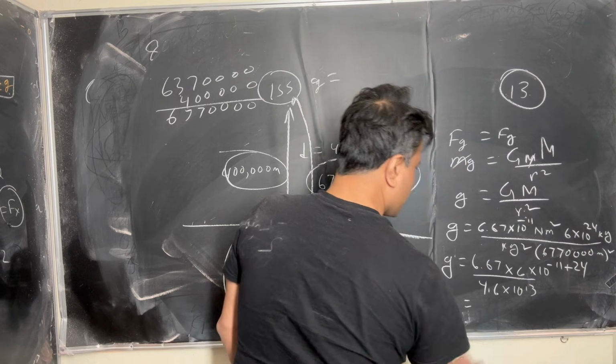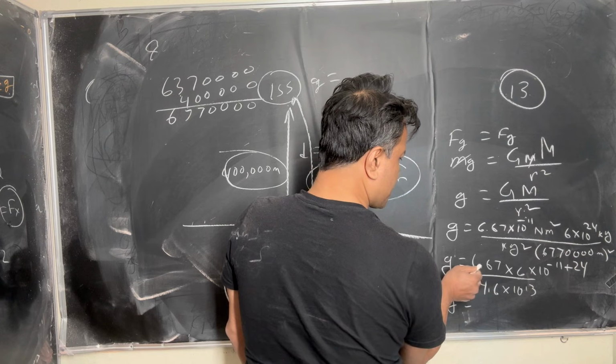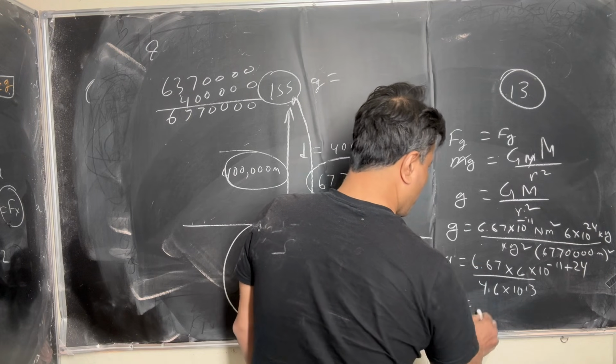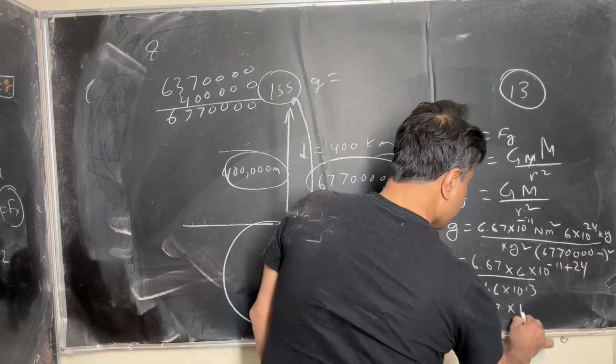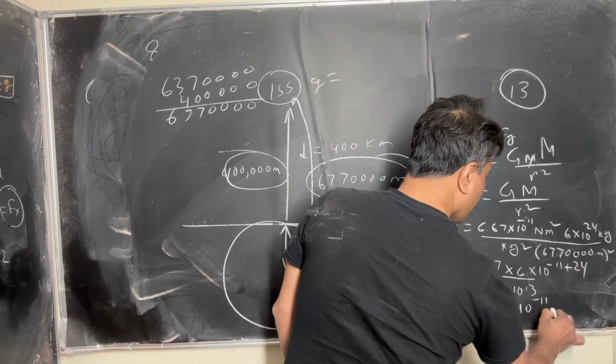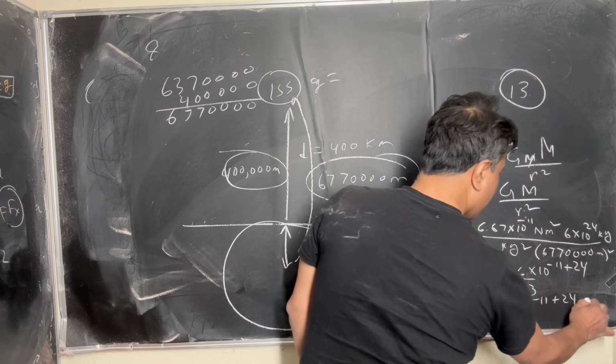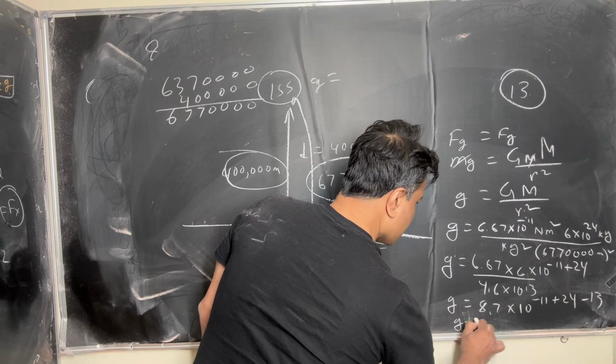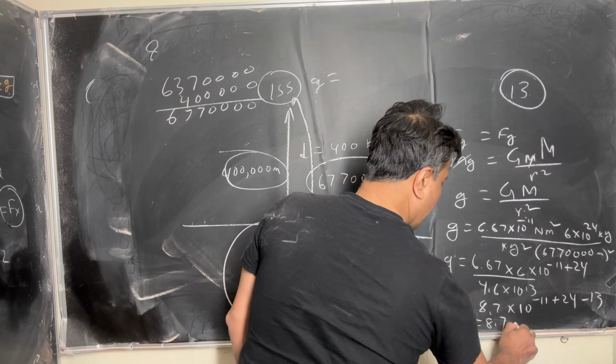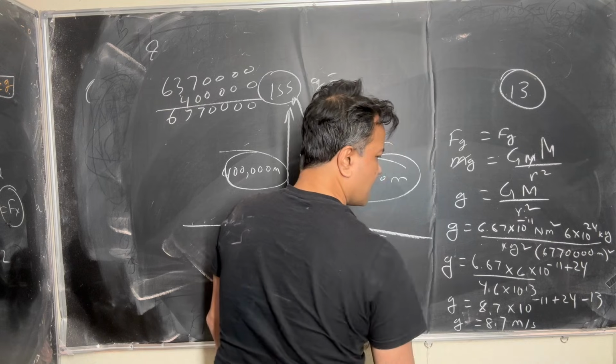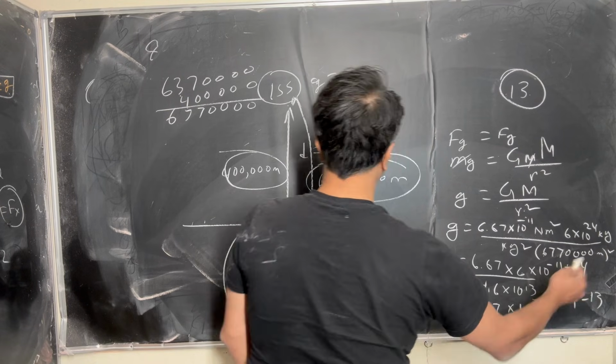So this is 6.67 times 6 divided by 4.6, which is 8.7 times 10 raised to negative 11, positive 24, negative 13. So g is equal to 8.7 meter per second square, because 24 minus 24 is 0.